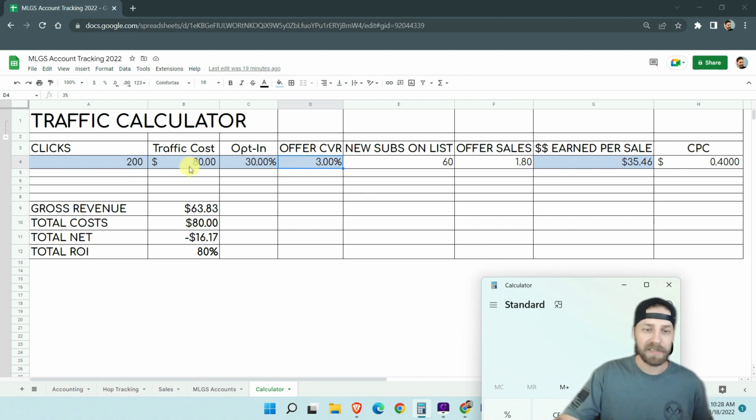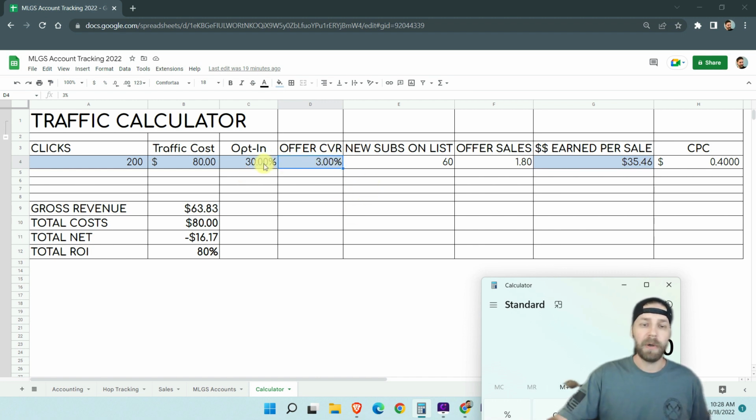Okay, so based on these values with a 30% opt-in, that's a good percentage of opt-ins, okay? And if you're getting higher than that, I would really question the quality of those clicks, if they're just bots. Some websites and traffic packages and solo ad vendors will incentivize people to click and opt in on offers just to get a reward on the other side.